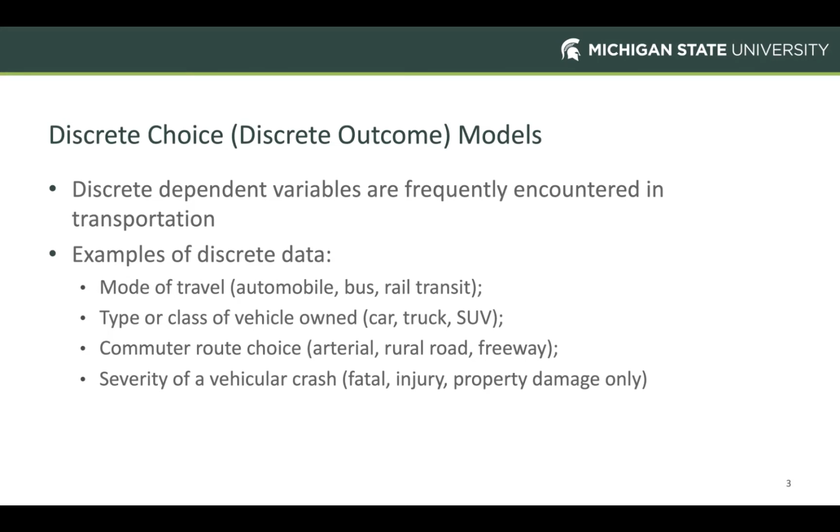Basically we're trying to determine which of these different alternatives in these choice situations or outcome situations is most likely to occur, and then which factors can help us to predict which of those outcomes may be more or less likely.